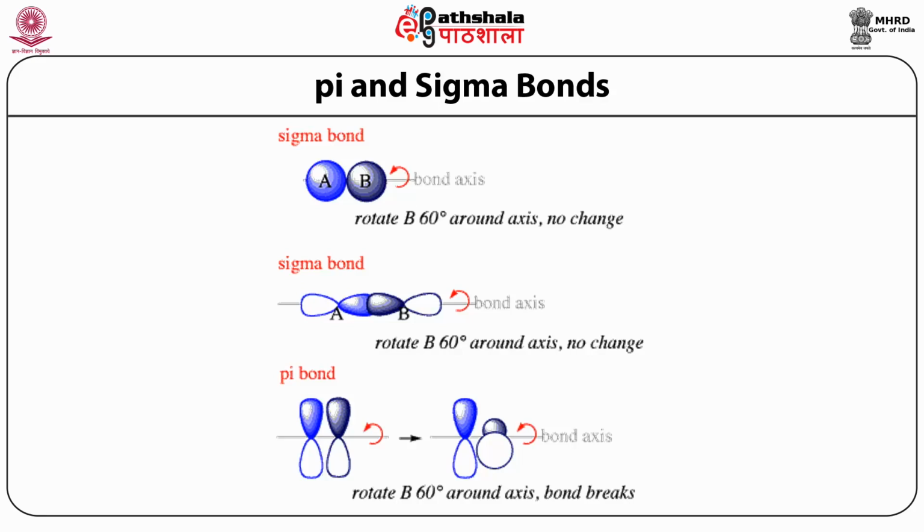On the contrary, in case of a pi bond, the bond between the two atoms gets broken when one atom is rotated around the bond axis. It is also shown in this figure. The common forms of sigma bonds are s plus s, pz plus pz, s plus pz, and dz square plus dz square.